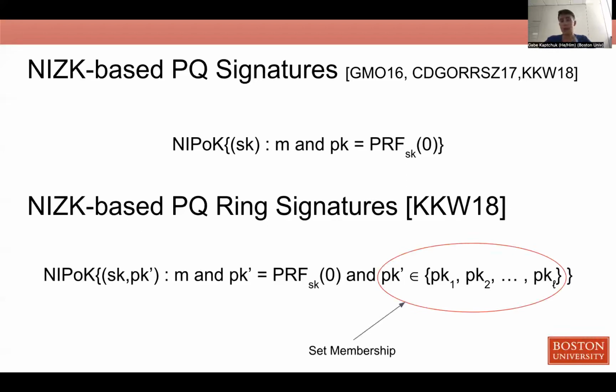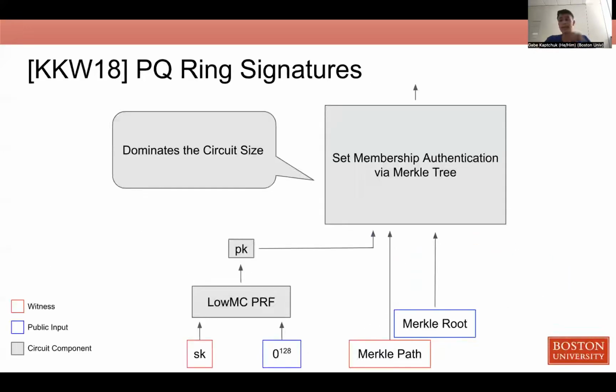In order to realize this ring signature, what they did is that they used the exact Merkle tree authentication trick that we had shown before. And in practice, you can see from their results that the number of gates that are added from this authentication check significantly dominates the size of the circuit. And in general, it's log L times the size of a LowMC circuit, where LowMC is used as the PRF.